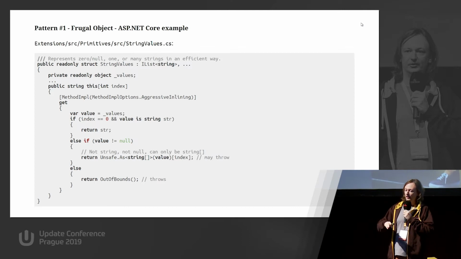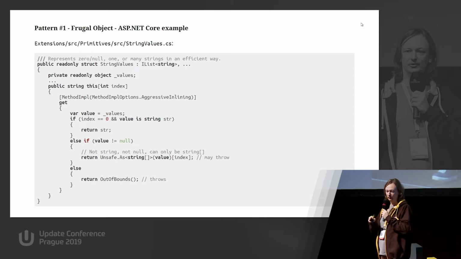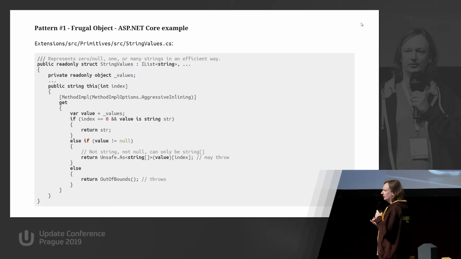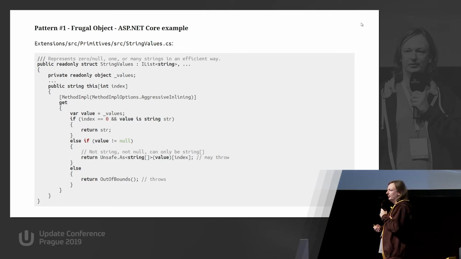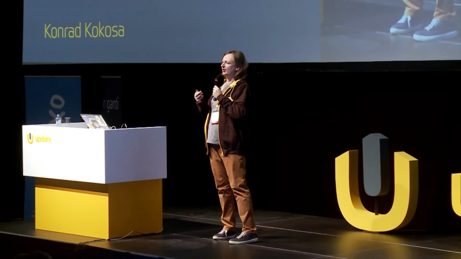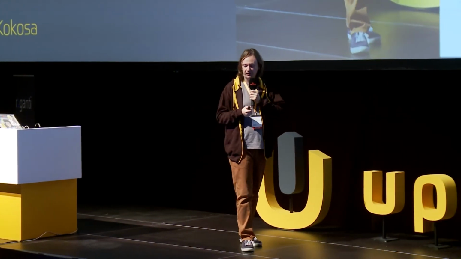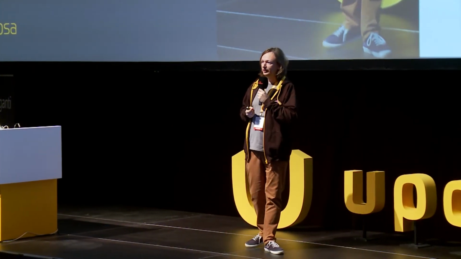Obviously, in terms of memory usage, it is less. In terms of accessing, this is now more complex because, for example, when using an indexer, we need to check whether we have zero, whether we have one string, or maybe there is, in fact, a collection underneath. So maybe the access will be slower, but in terms of creating this struct, in terms of memory storage, it is more frugal.